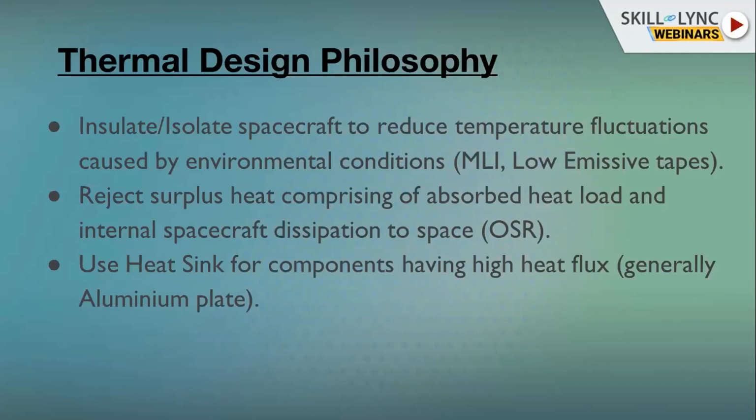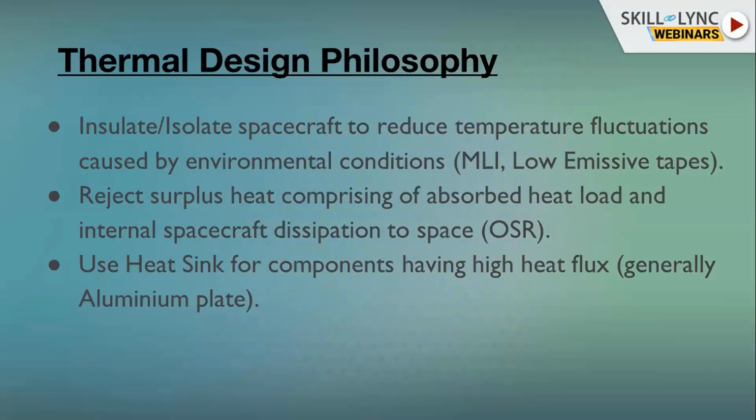Now, as we know, while the spacecraft is in deep space, one side can be seeing the sun and another side can be in the shadow. So one side is getting the heat from the sun and the other side is rejecting the heat to space. So what happens? The multi-layer insulation works in both ways.